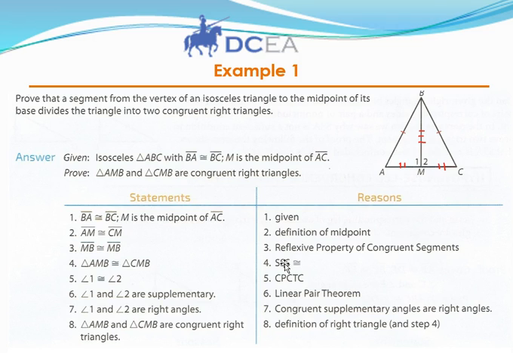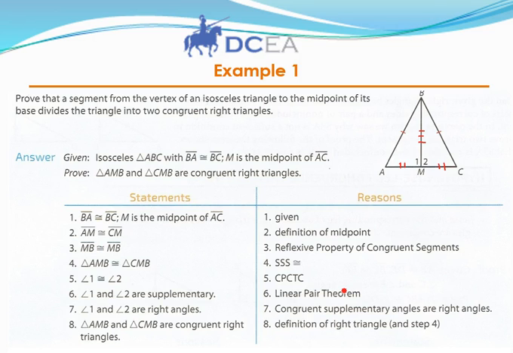Now let's pick the pieces apart, because we have to prove right angles. So, angle 1 and angle 2 are the angles we're looking to prove. So let's begin with those. We can say that they're congruent because of CPCTC. And if you notice, they're on a line together. They're linear pairs. So angle 1 and angle 2 are supplementary. That's the linear pair theorem. And why are we using supplementary here? Well, because we want 90-degree angles.